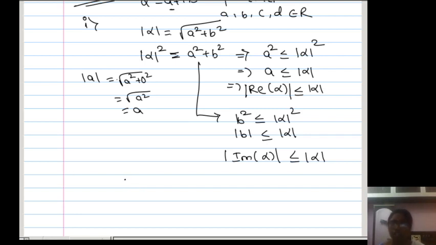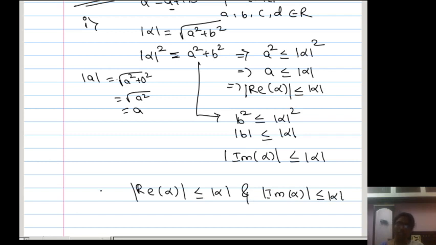You can take any value, any problem, and you will get the same thing only. So my final conclusion is the real part of that complex number is less than or equal to mod alpha, and the imaginary part of that complex number is again less than or equal to mod alpha.